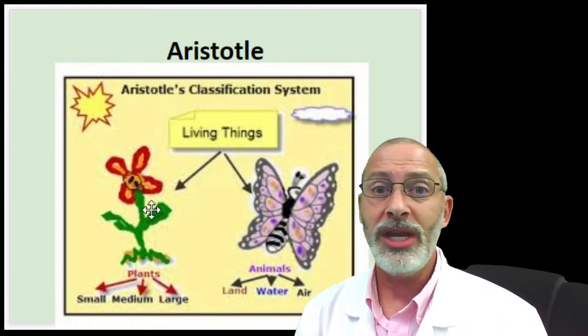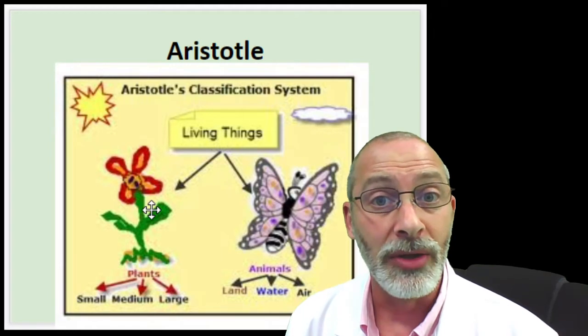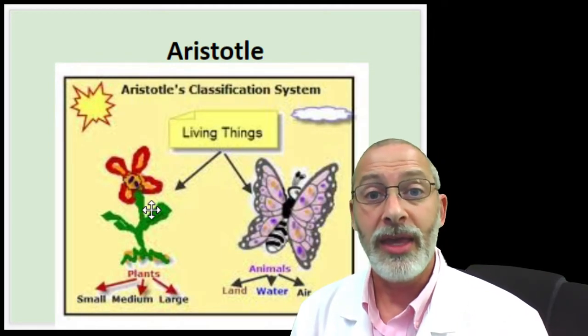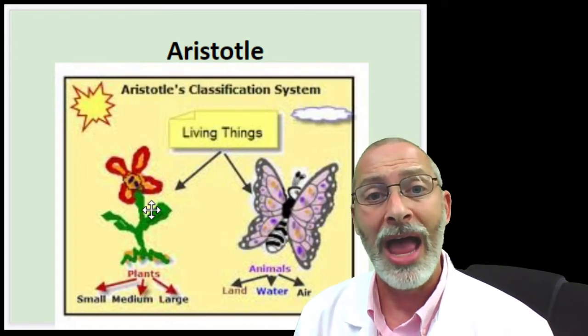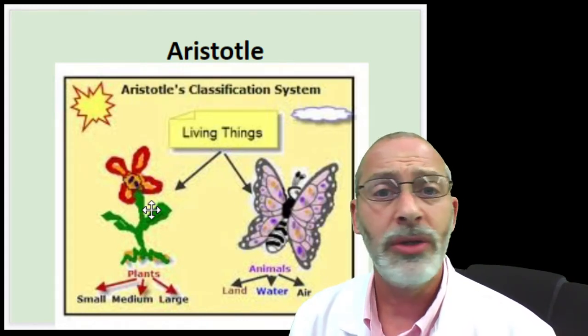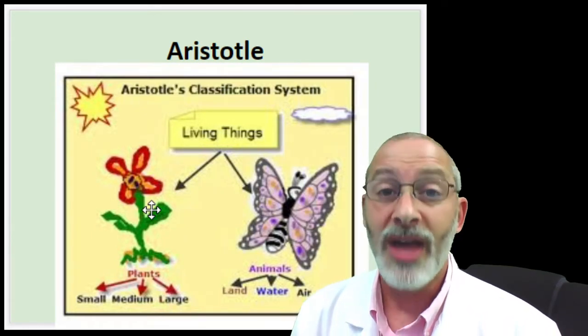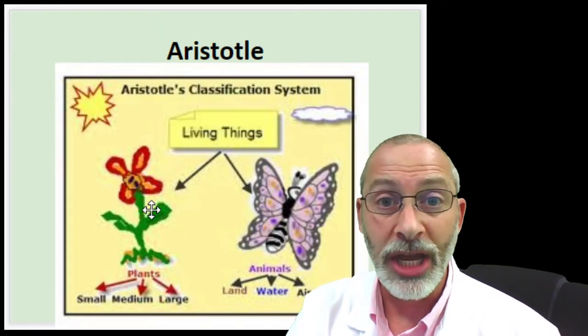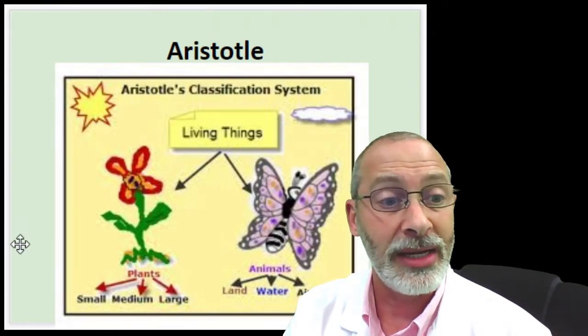And so he didn't have that benefit. So, to Aristotle's defense, his classification of living things as either plants or animals was completely logical and completely acceptable thousands of years ago. But times have changed, and we have greater technology and greater understanding of things.